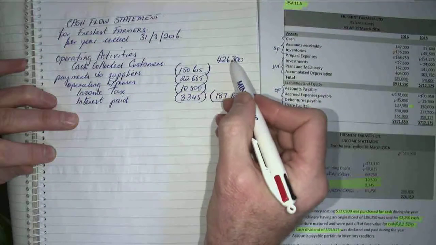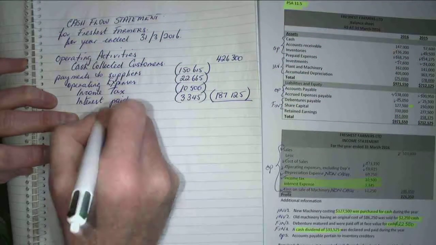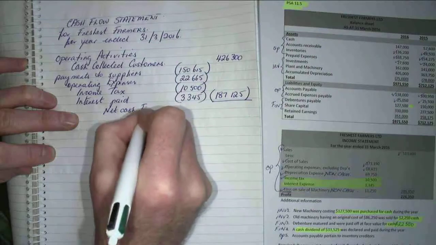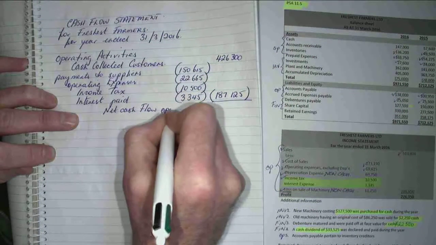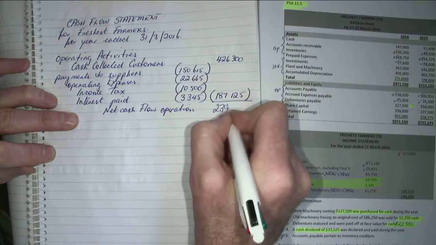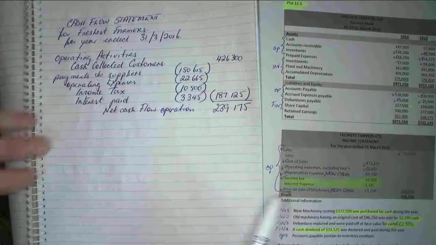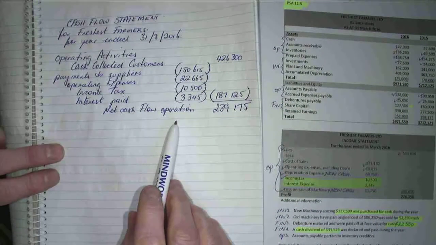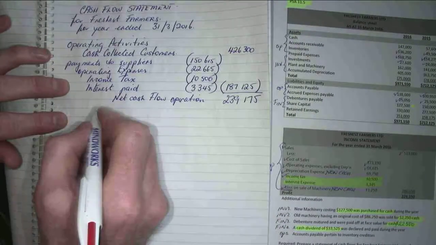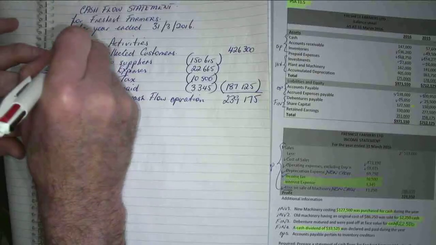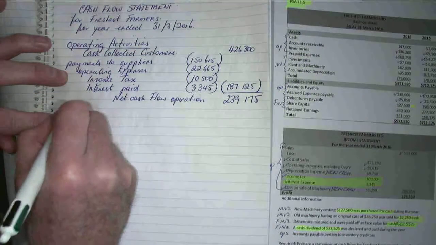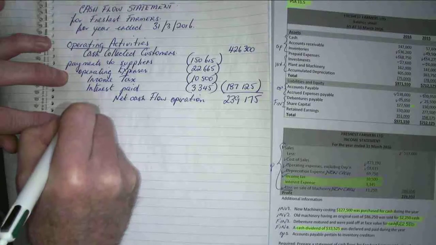What's the difference between my cash inflow here and my cash outflow to give me my net cash flow? $175. Okay. So that's my cash flow from my operating activities. Now that's where the question asks you to get to. I'm just going to finish the cash flow statement to show you how it doesn't take too much longer after operating activities. So my investing activities.